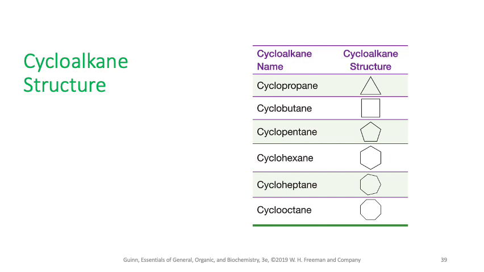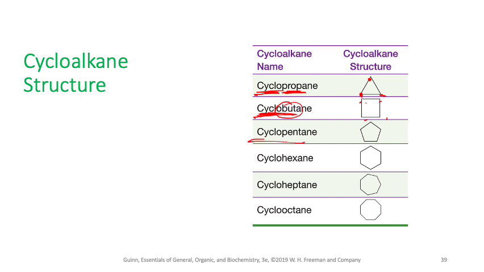If you can see this table on the right hand side, we have different names of the cycloalkanes along with their skeleton line structure formula, or the line angle formula. If I say cyclopropane, propane is 3 carbon, so 3 carbon in a ring structure, 1, 2, 3. Cyclobutane, butane is 4 carbon, 4 carbon in a cyclic ring structure, like a square.